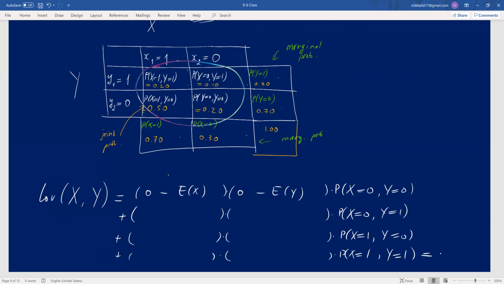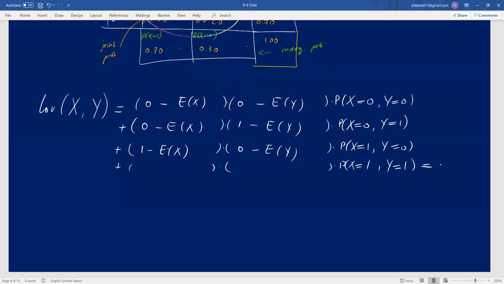Here x equals again 0, 0 minus expectation of x. Here y equals 1, 1 minus expectation of y. Here x equals 1, 1 minus expectation of x. And here y equals 0, 0 minus expectation of y. Here x equals 1, so 1 minus expectation of x. And here y equals 1, so 1 minus expectation of y.